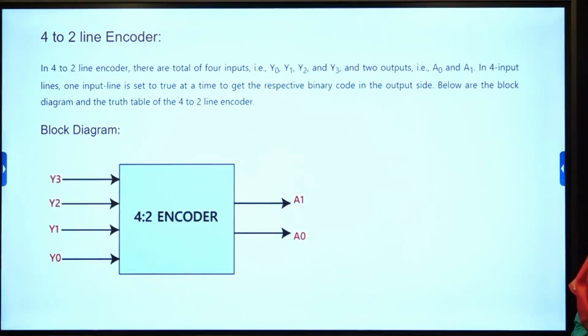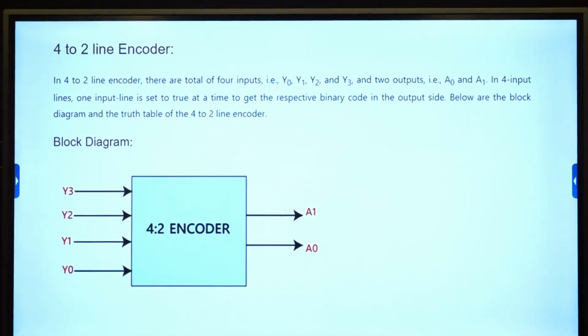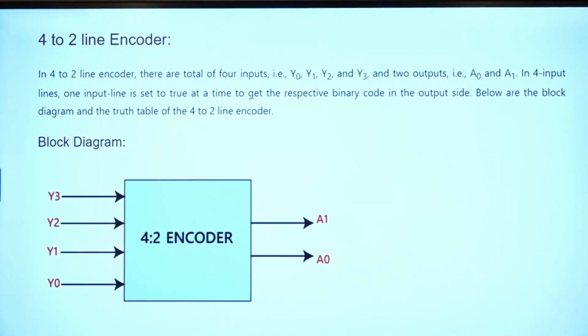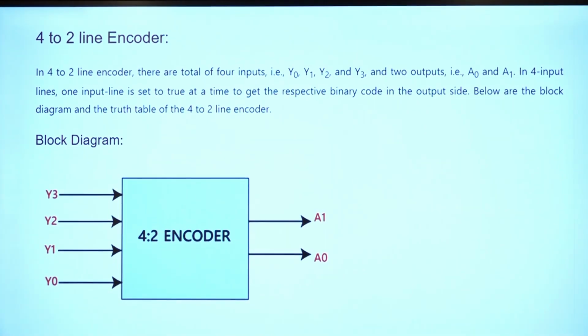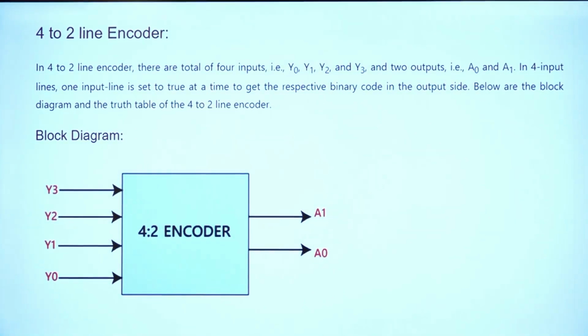Okay, so first we'll start with the 4 to 2 line encoder. In the 4 to 2 line encoder we have 4 inputs which are labeled here as Y0, Y1, Y2, Y3, and for these 4 inputs we have 2 outputs which are A0 and A1. In these 4 input lines, one of the input lines is activated at a time to get the respective binary code at the output.